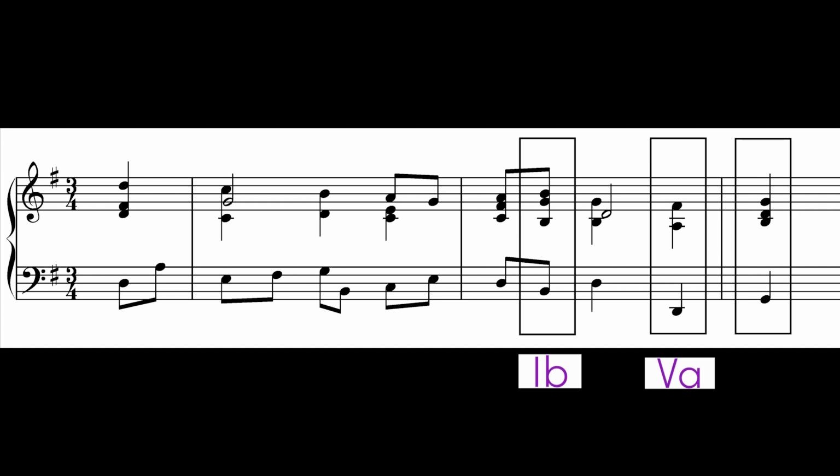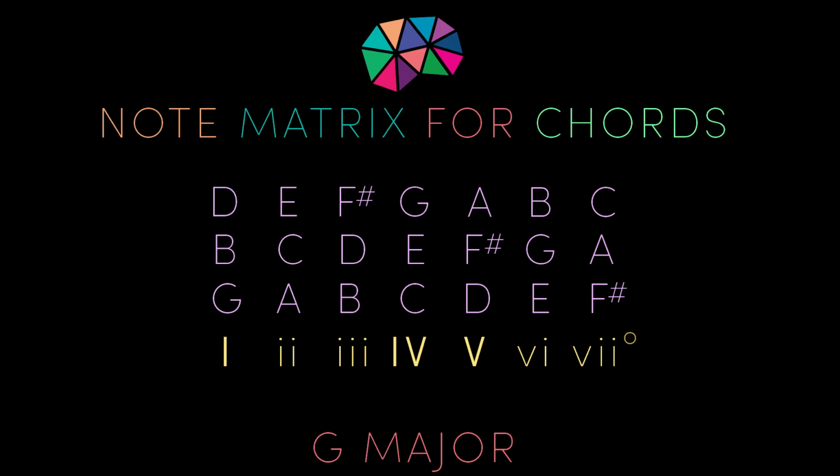The last example that we're needing to supply harmony for is the last chord in this phrase, and we've got 4 notes in that chord, a G, a B, a D, and a G, but because the G is doubled, we just need to know that it's a G, a B, and a D. So again, we're going to go to our matrix and have a look at which chord has got a G, a B, and a D. And we see chord 1 is very obviously G, B, and D. We also need to see that G is the lowest note of that chord.